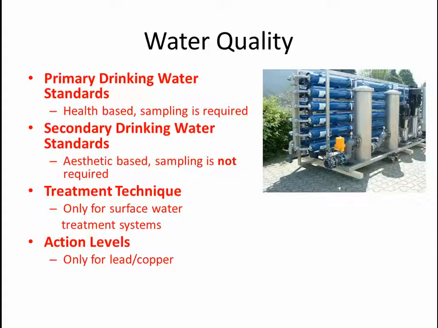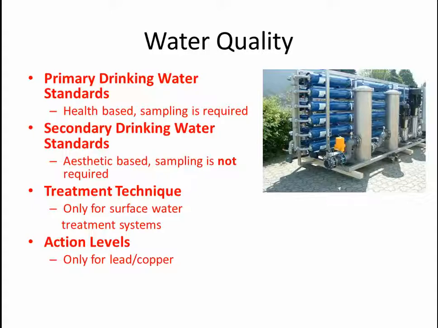Secondary standards means that if you go over that level, you can smell it, taste it, see a coloration to the water, but sampling is not required and it's not going to impact public health. So secondary standards is not something that you have to worry about impacting public health. Some examples are like iron and manganese.